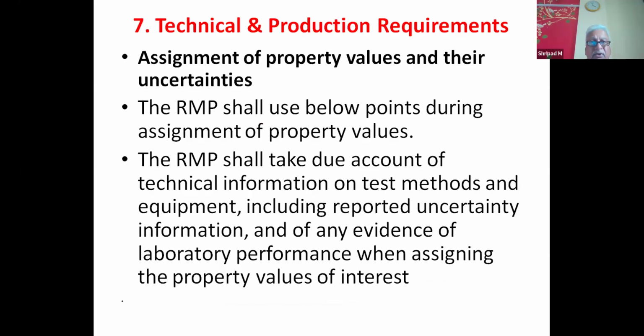After characterization, you have to go for the assignment of property value along with their uncertainties. So what are the contributions for the uncertainties? The important steps are homogeneity, stability, as well as characterization. All three of these important aspects have to be considered while estimating the uncertainty of your property value.